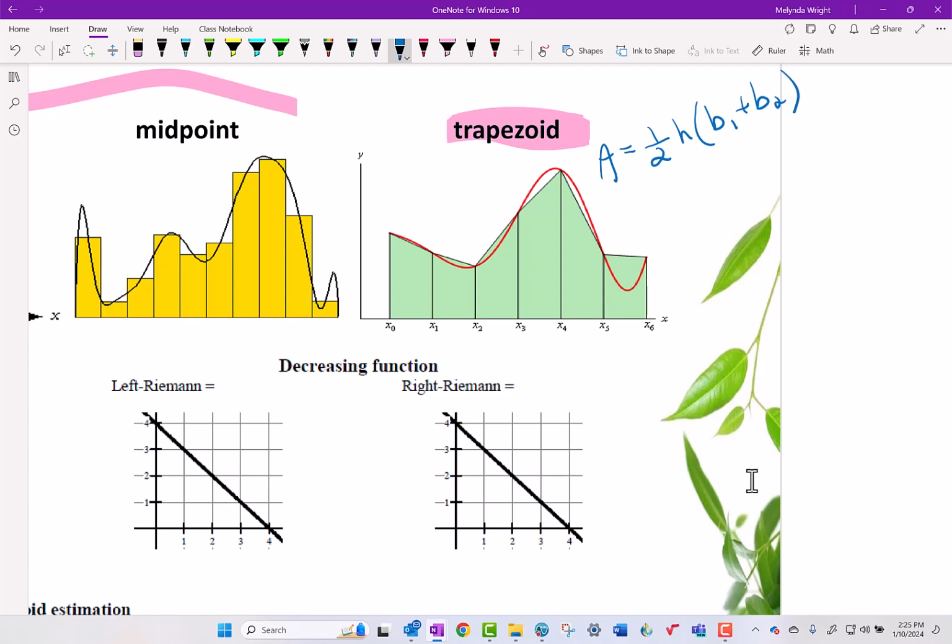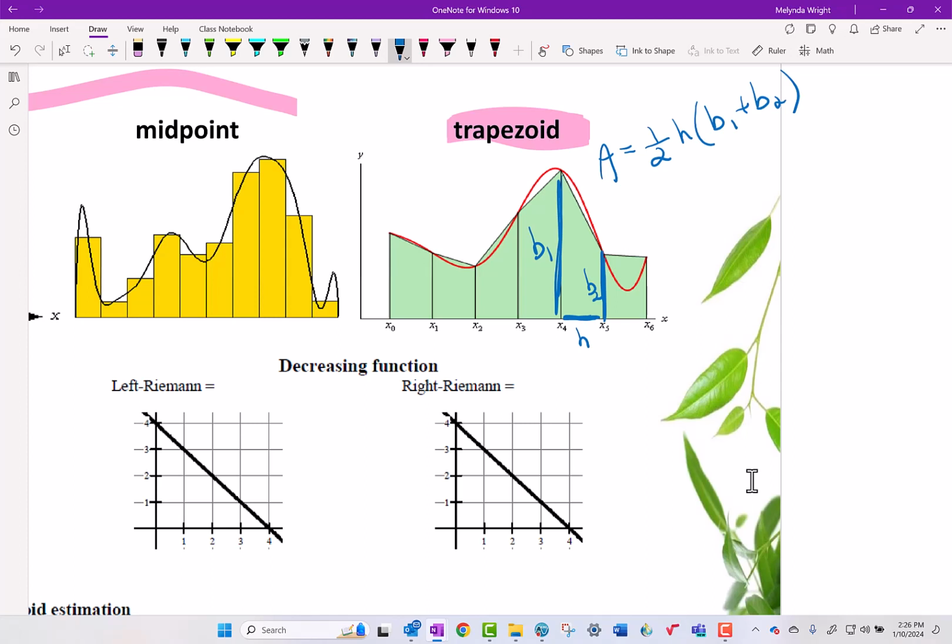For what we're doing, we would consider this part right here. This part would be h, this width. And this would be like base 1, and that would be like base 2. So we need to think about it as tilted to the side, if you will. That's how we would calculate the area.